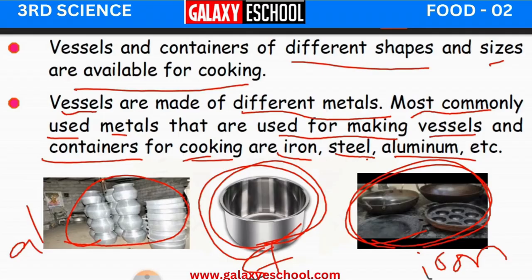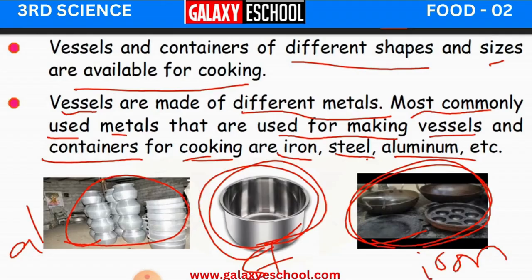And even some glassware, where we drink water in glasses, glass plates and glass cups, we use them for serving, that is for drinking and eating. But for cooking we use these metals more.